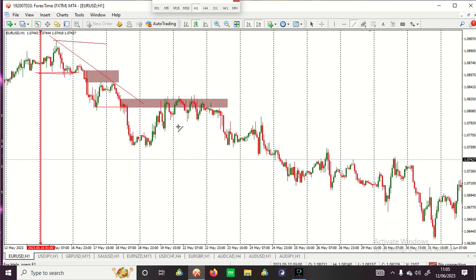From here, this is the day we are talking about. This is the previous day low, and the market took out this low. You mark out the order block that caused the break of market structure. This is the block that caused it, and the market came back to that order block. You sell.